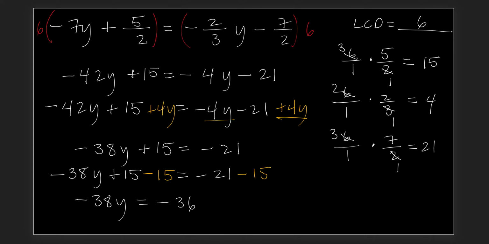And I'll take this to the next slide. This is a bunch of side work here. So what we have is negative 38y equals negative 36. And so negative 38 is being multiplied by y. I need that negative 38 away from y, so I divide by negative 38 and do that to both sides.